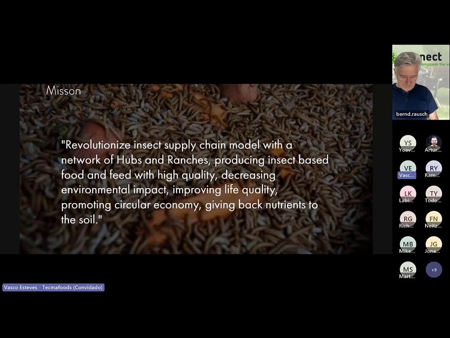At least in Portugal, there is no expertise if you try to hire. So it took us maybe 2 years to realize that a step-by-step, smaller farms, modular approach is better. That's when we crafted this mission: to develop a network of centralized operations which can feed and support smaller farms.